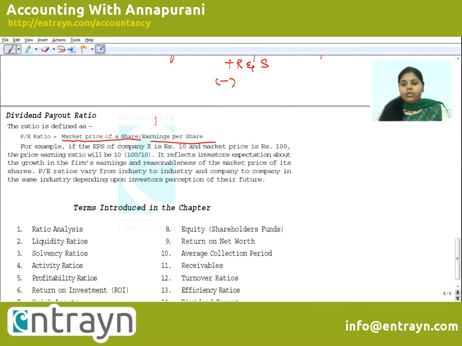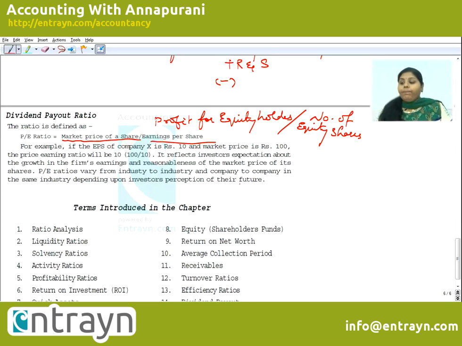EPS is profit for equity holders divided by number of equity shares. All right. So the dividend payout ratio will be market price of a share divided by earnings per share.